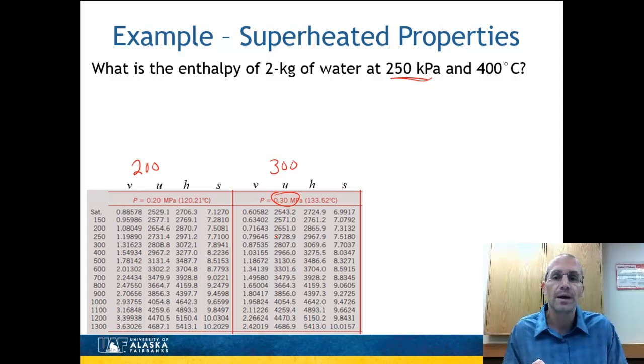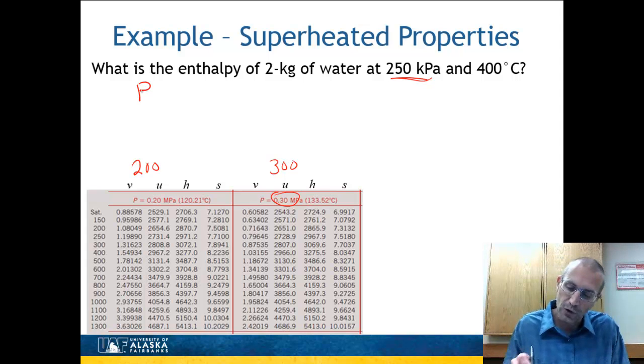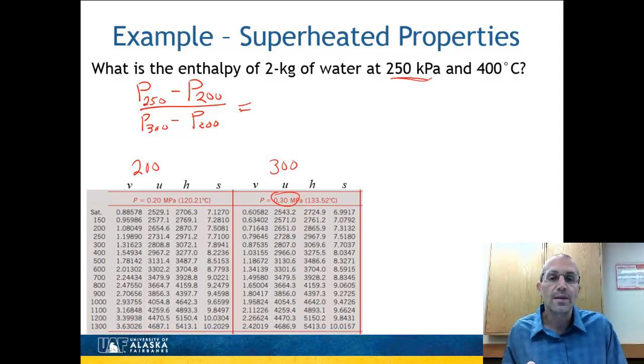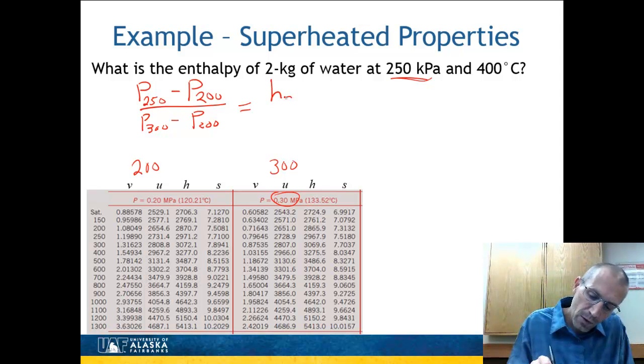The basis behind interpolation is that I'm going to use my pressure, the pressure at 250 minus the pressure at 200, divided by the pressure at 300 minus 200. That will be equal to the ratio of the corresponding enthalpies: the enthalpy at 250 minus the enthalpy at 200, over H300 minus H200.